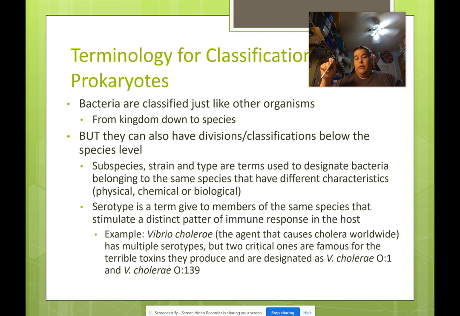The two critical ones, the ones that are the most well known, make these terrible toxins. Okay. They are designated as Vibrio cholera O1 and Vibrio cholera O139. These are the two most deadly forms of cholera that create toxins that affect the human body. All right.